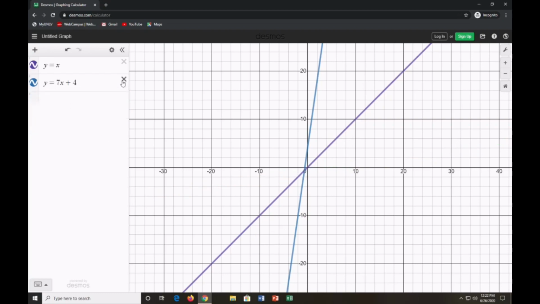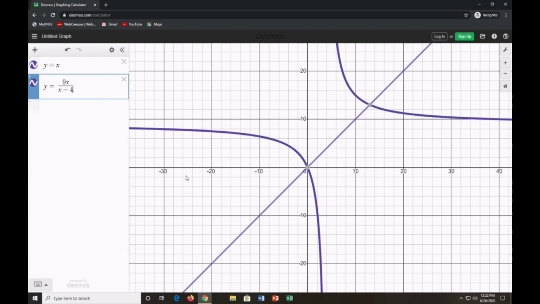All right, let's graph the next function that we saw. Another function we worked with was y equals 9x divided by (x minus 4).